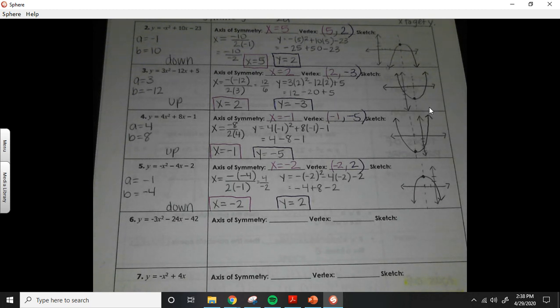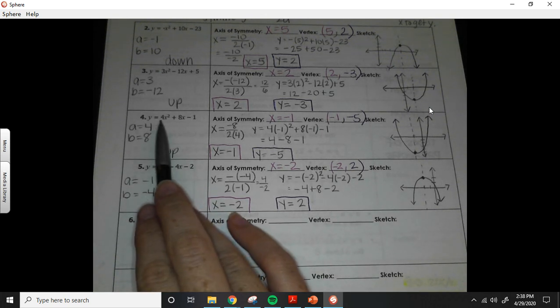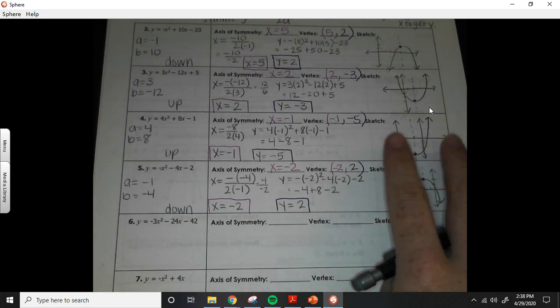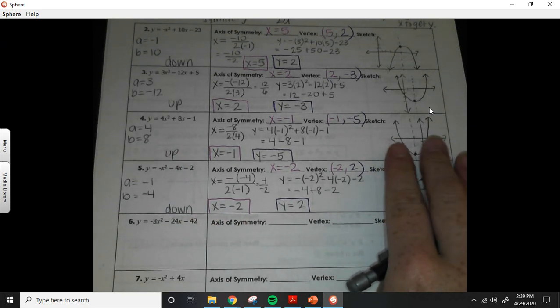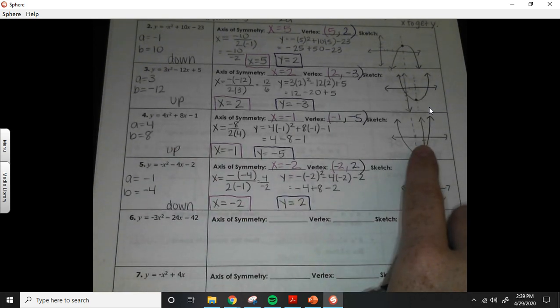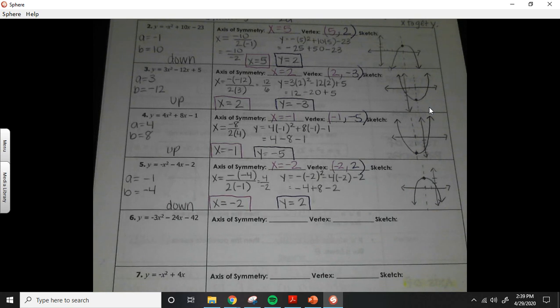That's why I'm happy that this is at the end, because none of this is brand new. It has to do with what A is and whether it's a stretch or a compression. The bigger the number is, the skinnier, the thinner it is. So this one technically is not the perfect sketch, but we'll get into more of that later and how it's going to be wider or more stretched.